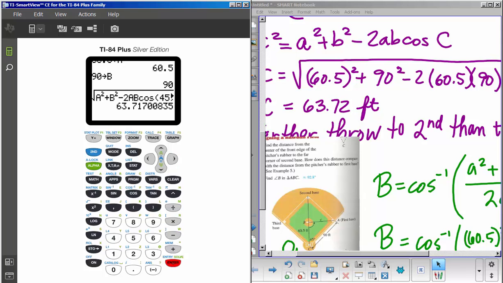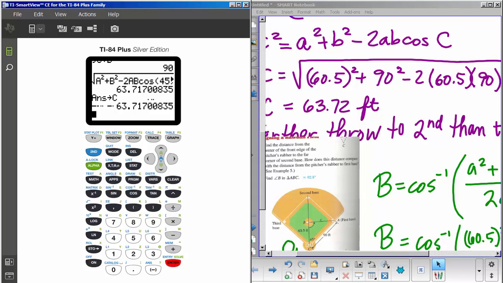See? That's the number you got? That's side C that we just found up above. So I'm going to store this in alpha C. And now I have all my sides stored.